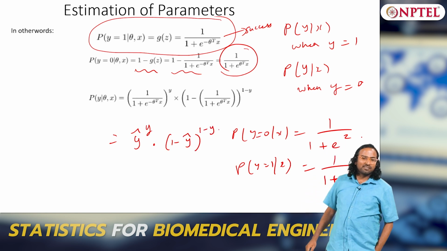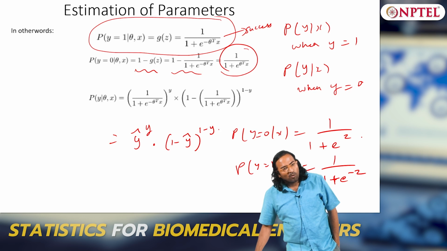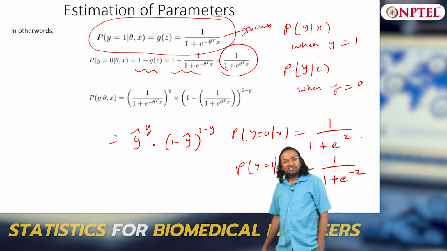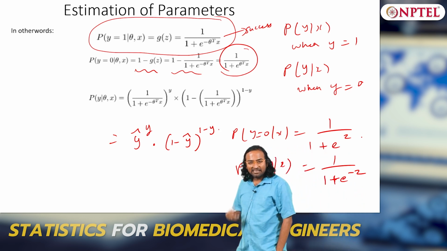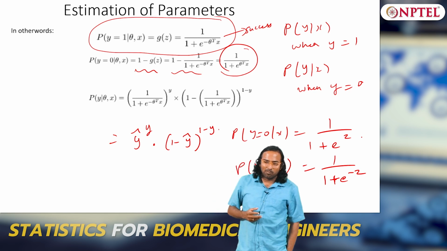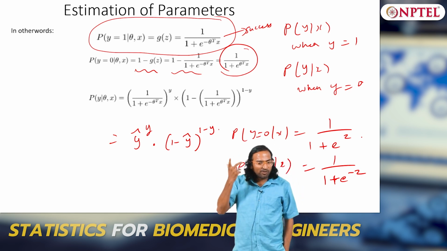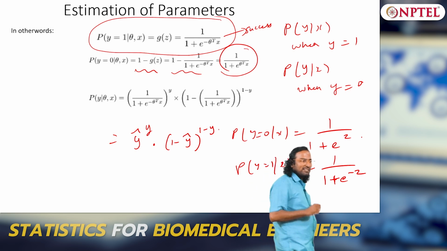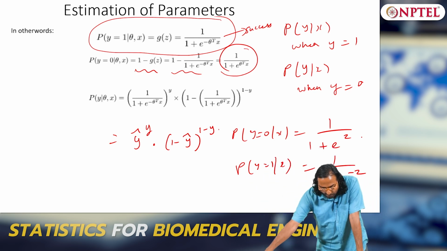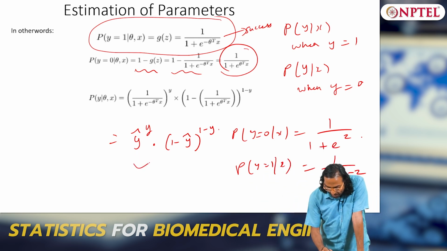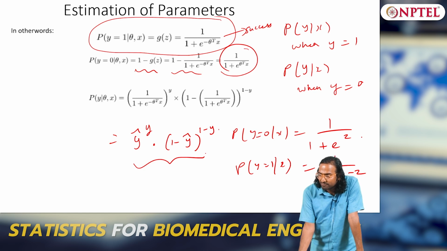What is my prediction? My prediction function is 1 by 1 plus e power minus z, right. That is my function used to predict the probability. So I write it as y hat, always hat stands for prediction, y hat is my prediction, y hat to the power y into 1 minus y hat to the power 1 minus y.